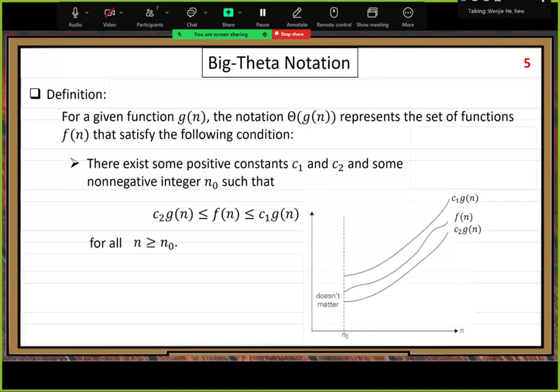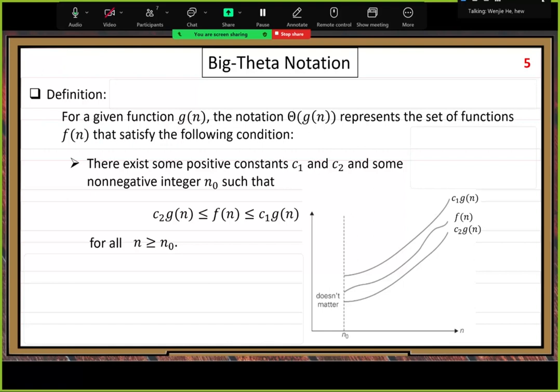The graph: this time you use a c1 multiple of g and a c2 multiple of g. You approximate f from the upper side and the lower side, both sides.